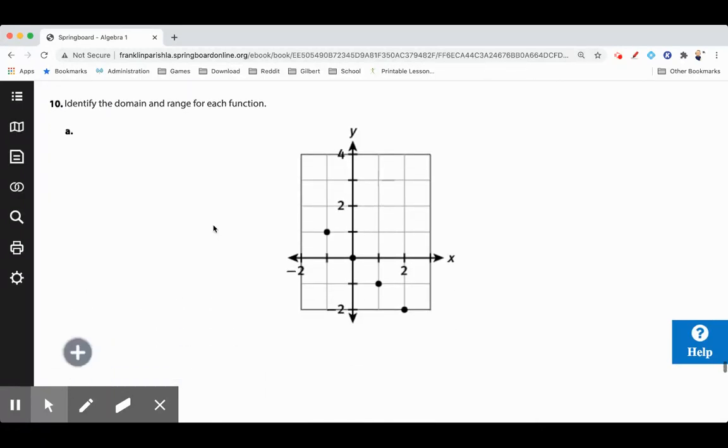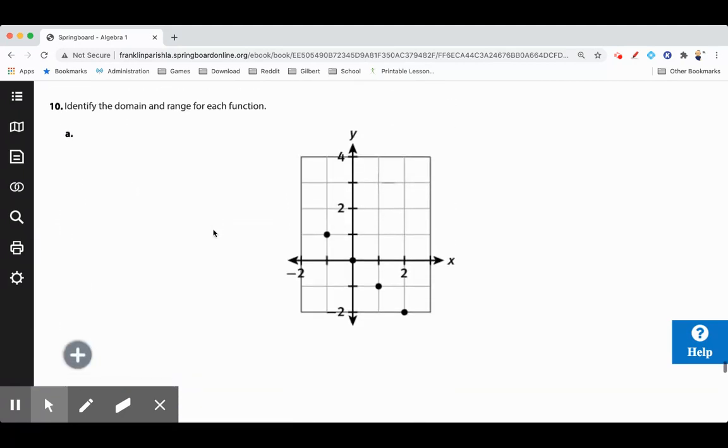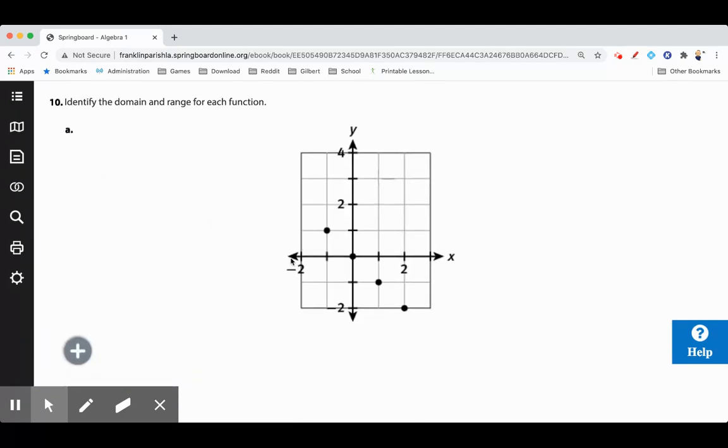10, identify the domain and range for each function. All right, the domain x coordinates -1, 0, 1, and 2. The range y coordinates 2, 0, -1, and -2.